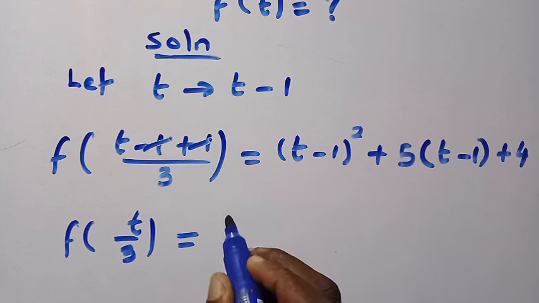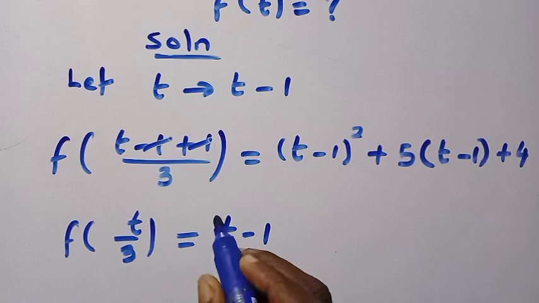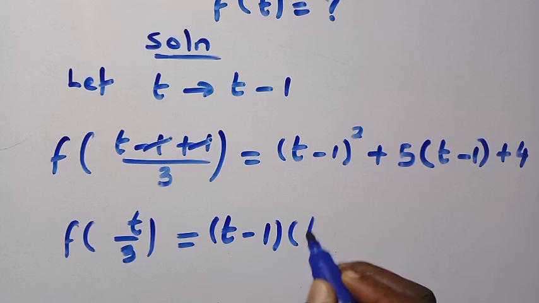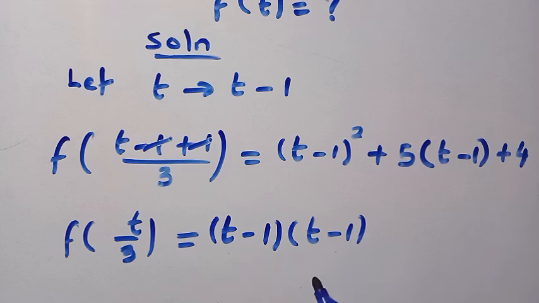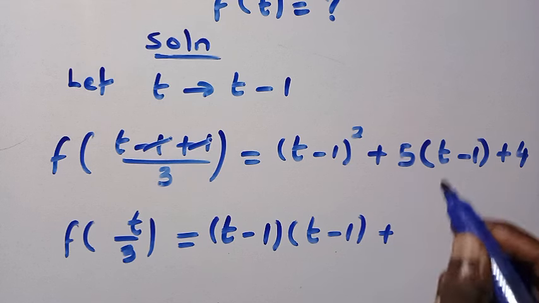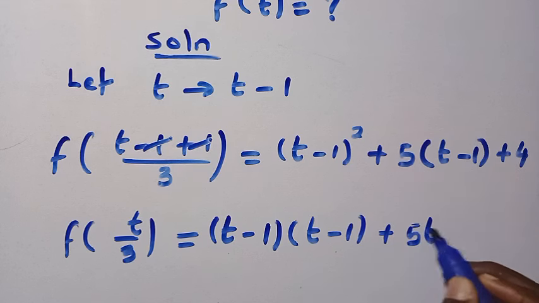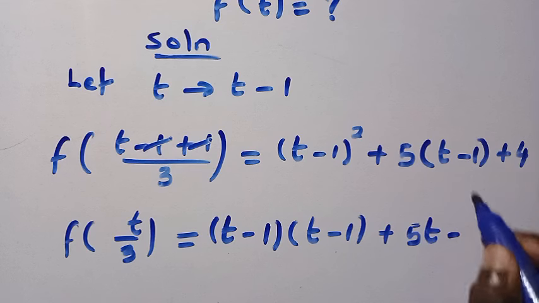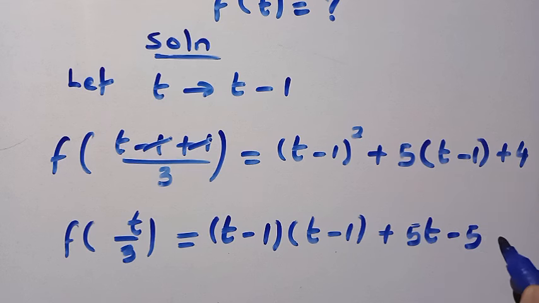So we have to expand this twice, as (t minus 1) multiplied by (t minus 1), plus, opening this with 5 times t, that is 5t, minus 5 times 1, that is 5, plus 4.